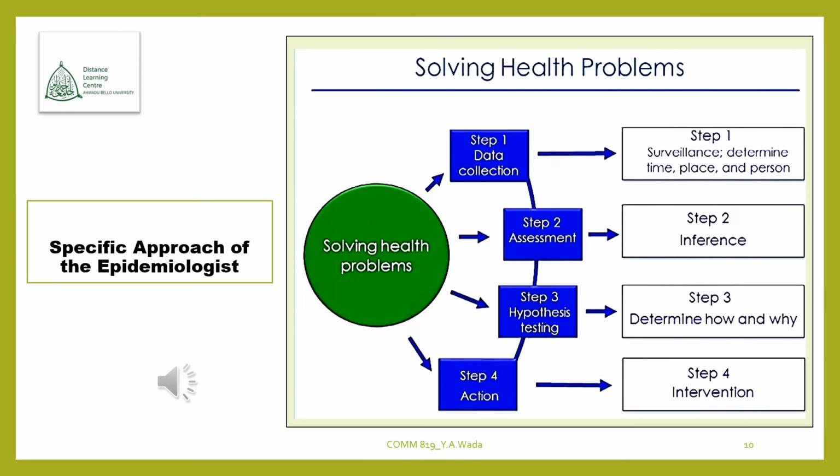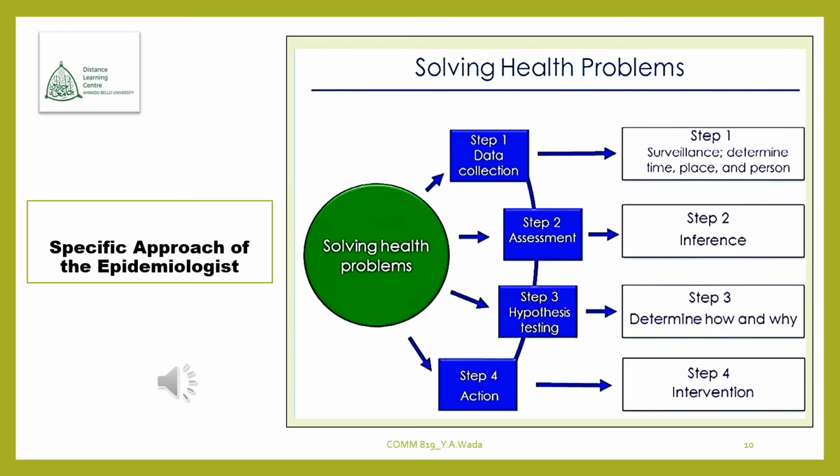First, data are collected about health problems occurring among the population through public health surveillance, as we discussed earlier. The data collected include information about when and where the population was affected and who was affected by the condition under surveillance. This is time, place, and person. This is mostly what we call descriptive epidemiology. We shall talk more about that later in the course.